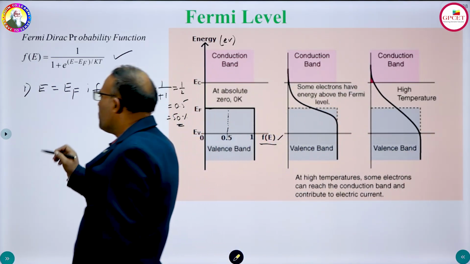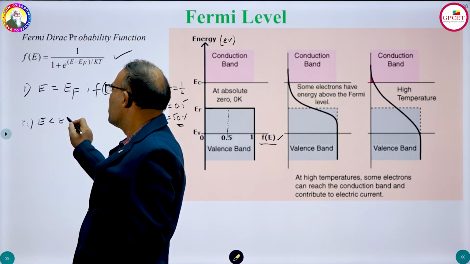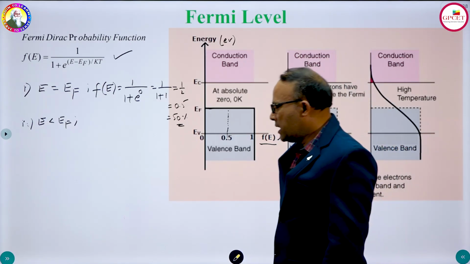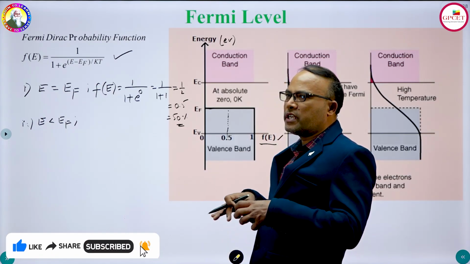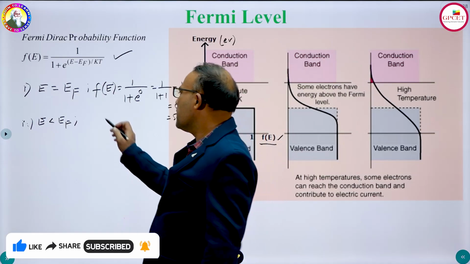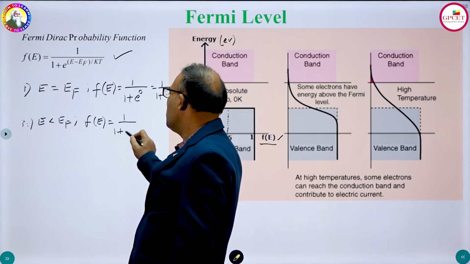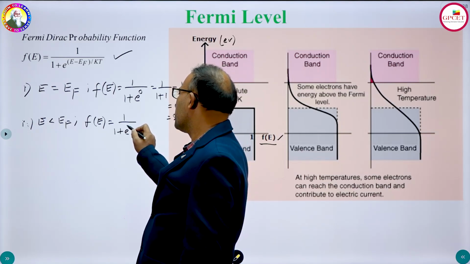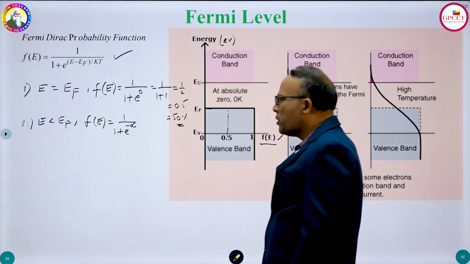Similarly, apply for case 2, which is E less than Ef. If E is less than Ef, that means the applied energy level is less than the Fermi energy level. Then let us check where the electron is jumping from the conduction band to the valence band and in which state it is occupied. So f of E is equal to 1 by 1 plus e power. If E is less than Ef, assume E is infinity, then you get minus infinity, e power minus infinity.